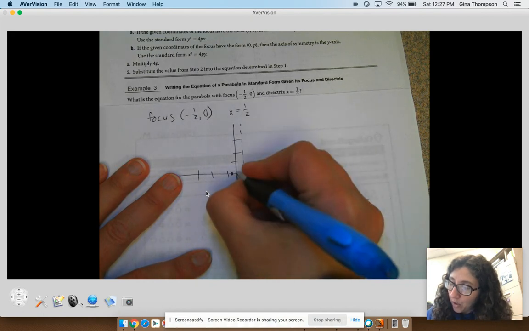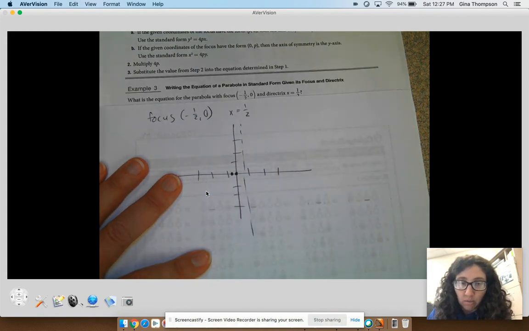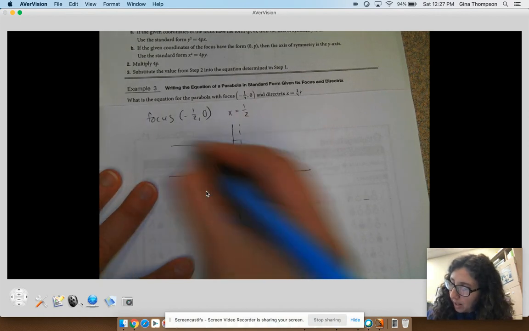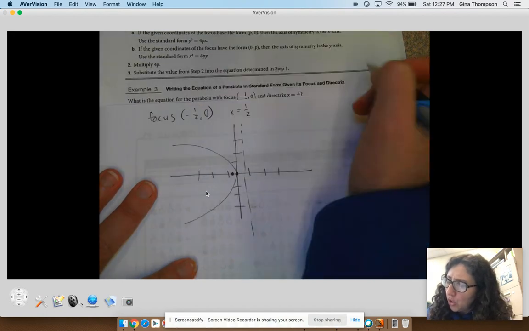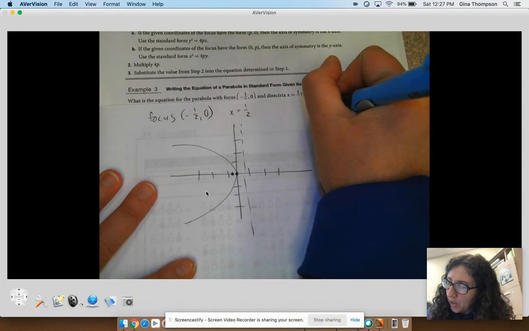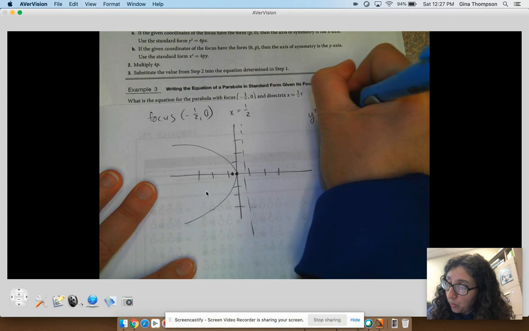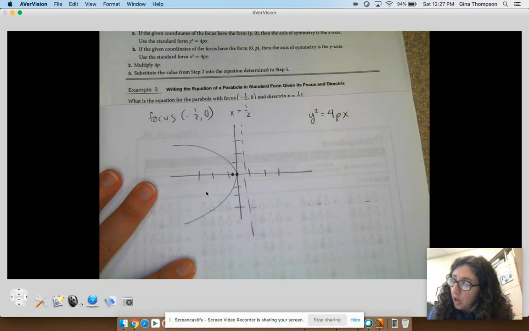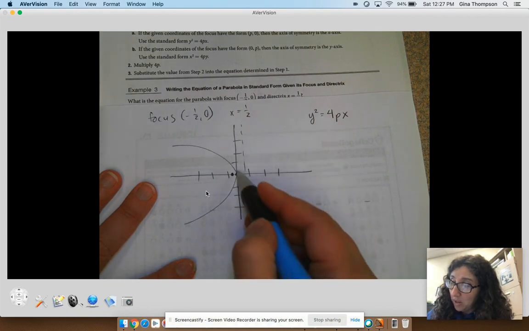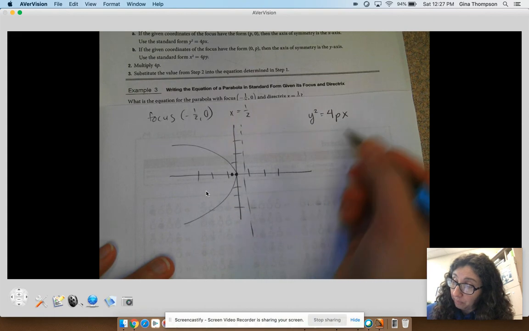So we can tell the vertex is going to be here at the origin. And it's going to open like this, something like that, right? All right, so what form is this going to have? It's going to be y squared equals 4px, right? Since it's opening left or right. We know our p value. What is our p value? Our p is negative 1/2.